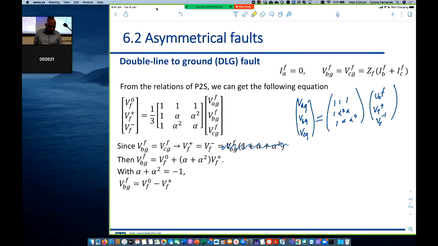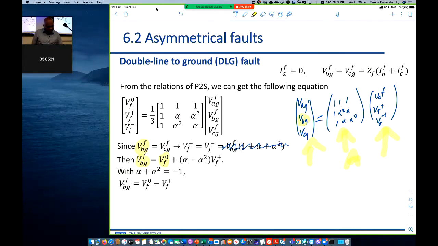If I write the inverse of that, here are the phase voltages on the left linking to the sequence voltages on the right through matrix A. This is matrix A, right? So I can say VBGF, which is this voltage, must equal the zero sequence voltage plus alpha squared times the positive sequence voltage.